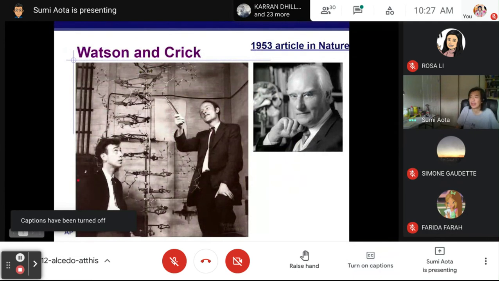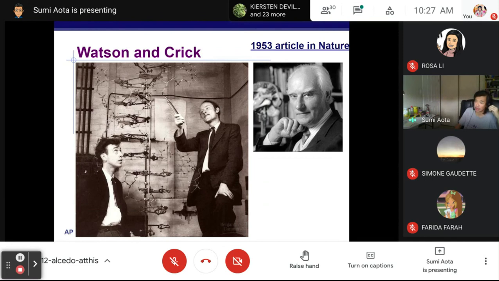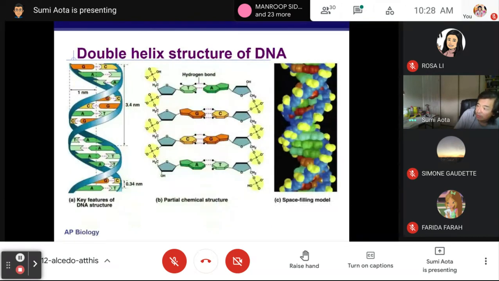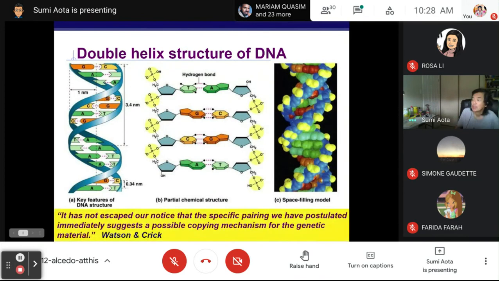Okay, so as we've said, Watson and Crick figured out the structure of DNA with the double helical structure based on the work of other scientists. This base pairing suggests a possible copying mechanism for genetic material, which Meselson and Stahl basically managed to figure out.